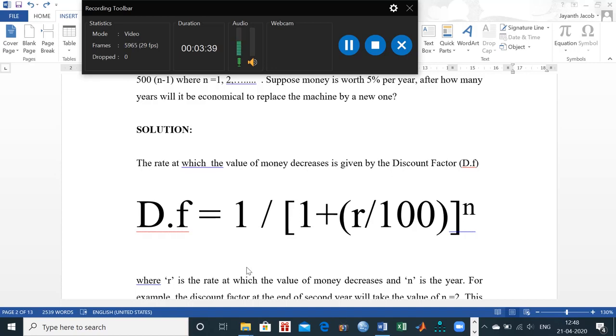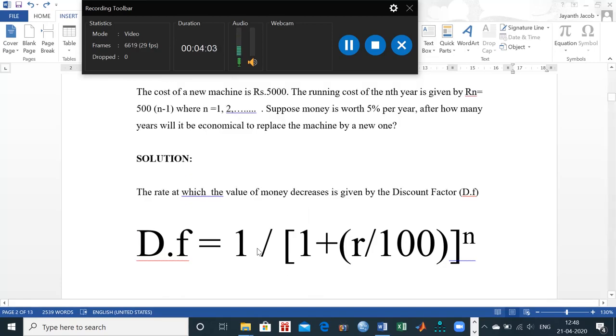This resembles the compound interest formula. I'll repeat, the discount factor is equal to 1 divided by (1 plus r by 100), and the entire denominator is raised to the power of n, where r is the rate at which money value decreases and n is the year.